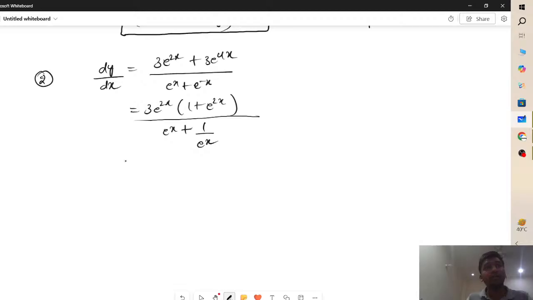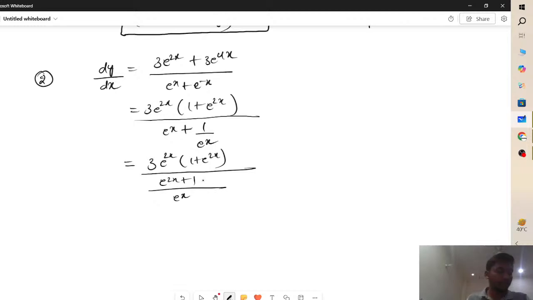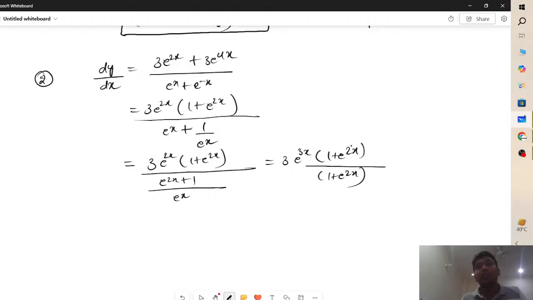Which further can be written as e^-x (e^2x + 1)... so the denominator becomes e^x (1 + e^2x) / ... and this becomes 3e^3x (1 + e^2x) by (1 + e^2x), and this common part can be cut. So what we get is dy/dx equals 3e^3x.